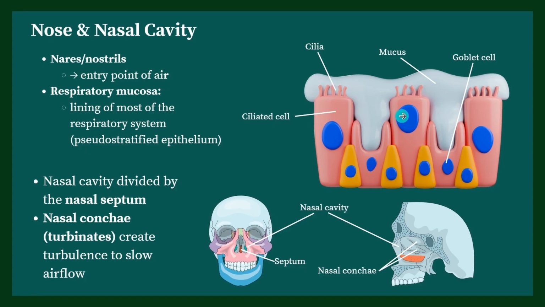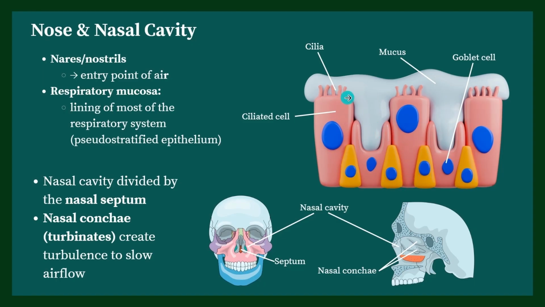But real quick, just so you know what composes the respiratory mucosa: pseudostratified epithelium, which means it's epithelial cells, which means mucus creating, but they're pseudostratified in that they're not stacked perfectly in columns. They're kind of beep boop, beep boop, beep boop. I don't know how else to describe it.